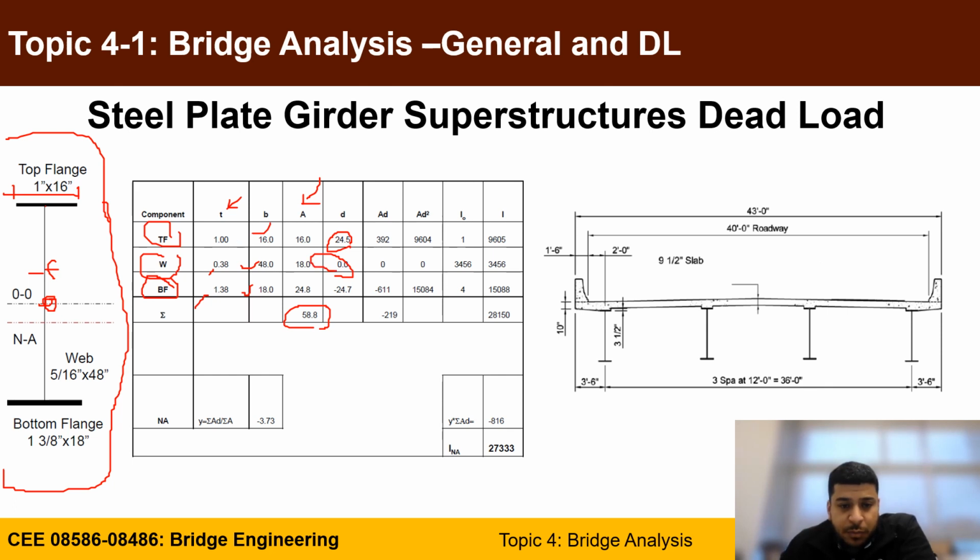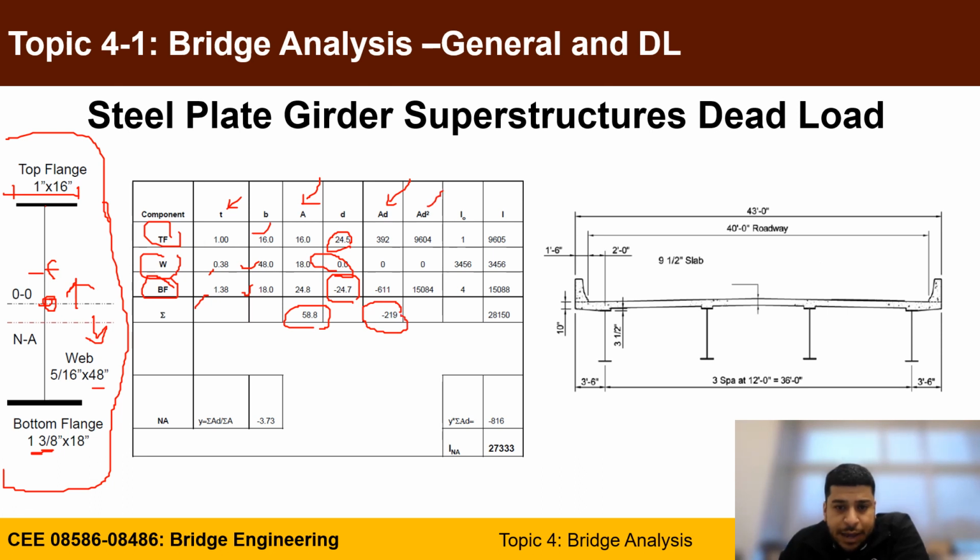The distance from the centroid of the bottom flange to the centroid of the web is 24, which is half of 48, plus half the thickness, so you get minus 24.7. We count everything above the centroid of the web as positive and everything below as negative. Now you can calculate your AD, multiplying area times D, and sum them up.